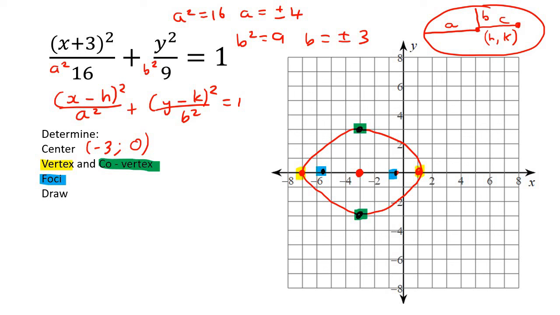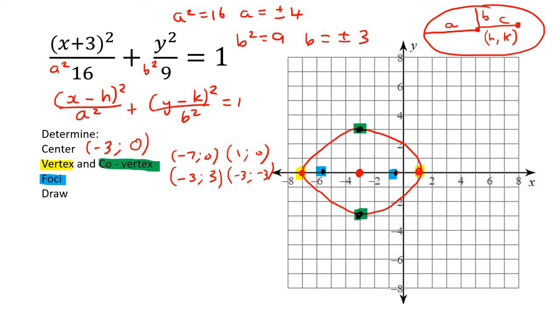So for the vertex, it's going to be negative 7 and 0, which is that one. Then this one would be at 1 and 0. Then your co-vertices would be at negative 3 and 3, which is that one. And then negative 3, negative 3, which is that one.